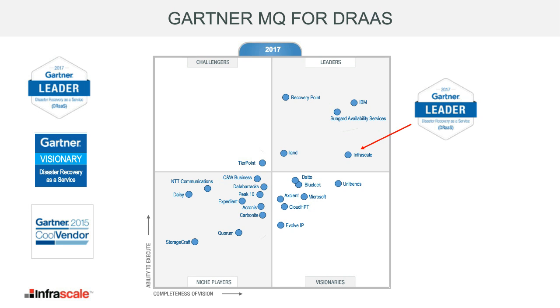And now in 2017, you can see that MForScale is in the leader quadrant. So we have been named a leader in DRaaS, and you can see that we've been gaining that momentum year over year. This is where we're at from Gartner now in 2017, and this was released just last week.